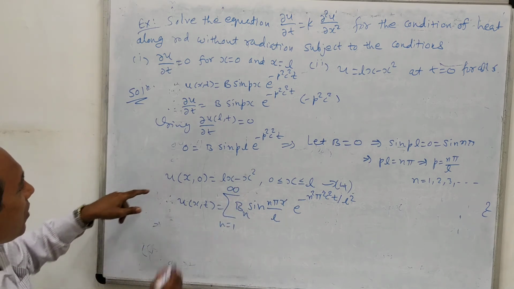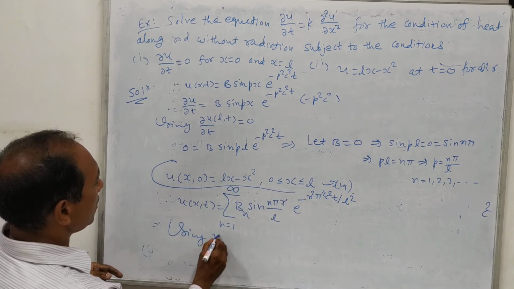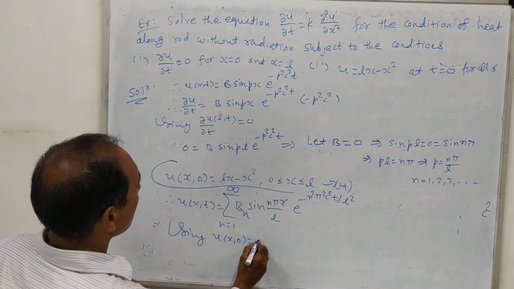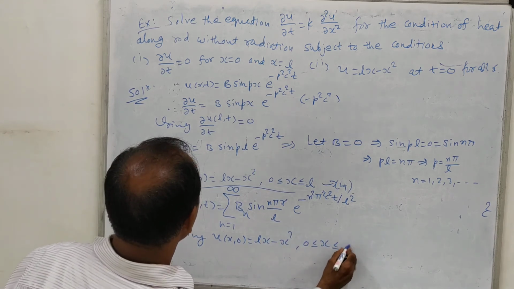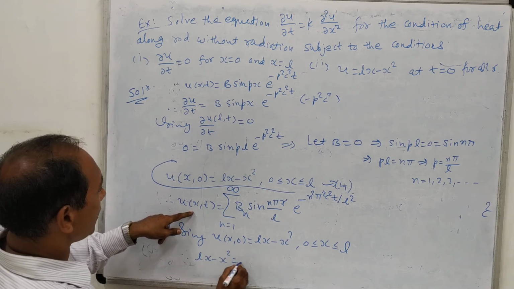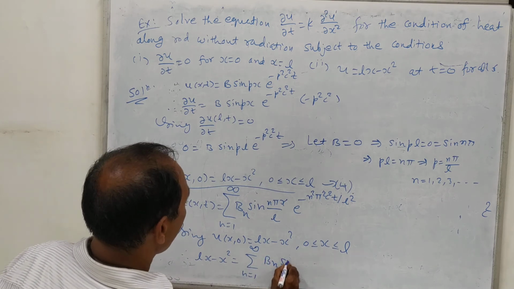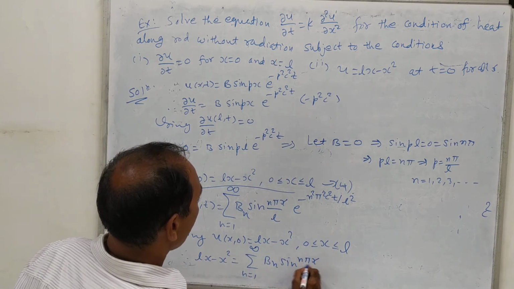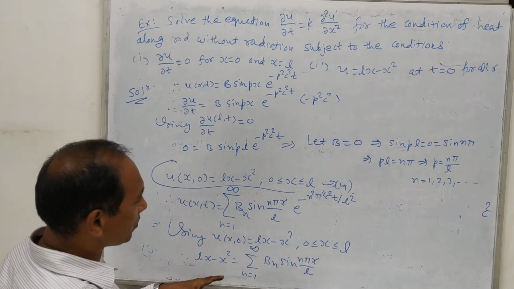Now we will make use of the third condition. Using u(x, 0) equal to Lx minus x square, for 0 less than or equal to x less than or equal to L, we get its value as Lx minus x square, equal to sigma n equal to 1 to infinity bn sin n pi x upon L, and at t equal to 0, e raised to 0 is 1. So this is a half range Fourier series.